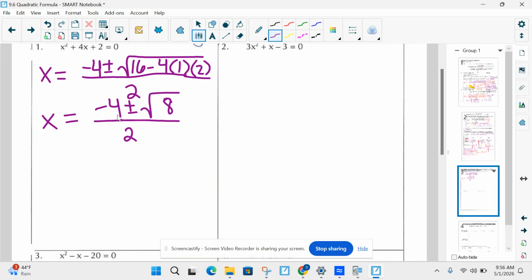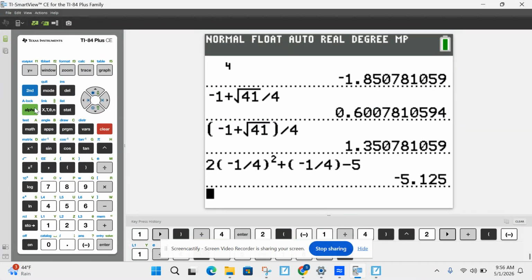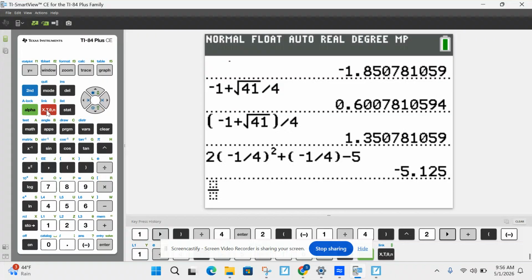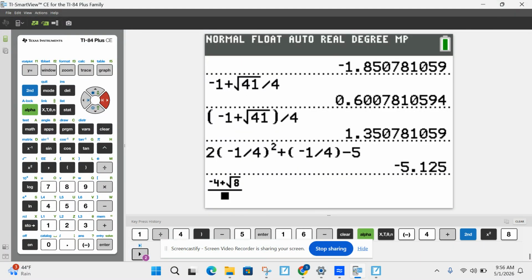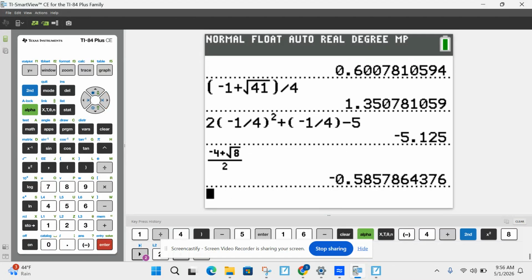So now I'm going to type this into my calculator. -4 plus square root of 8 over 2, and I get -0.59.